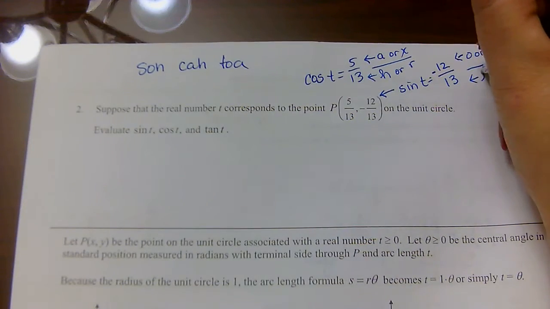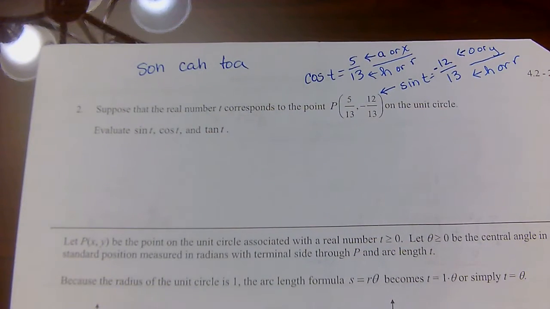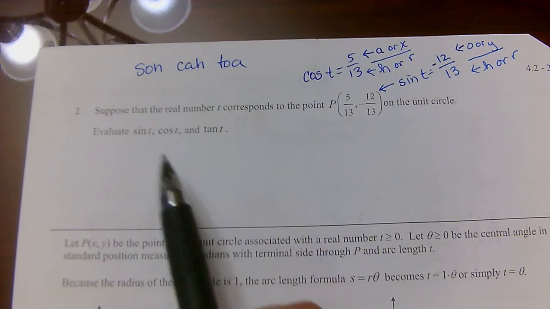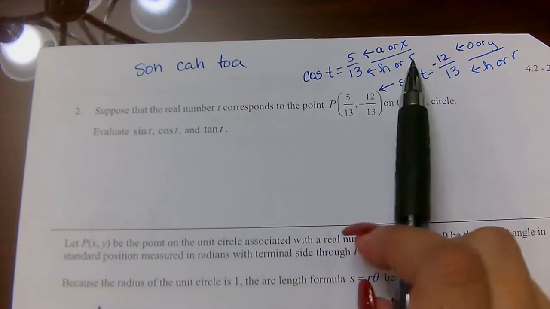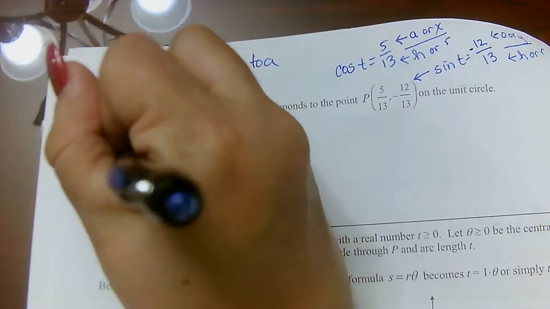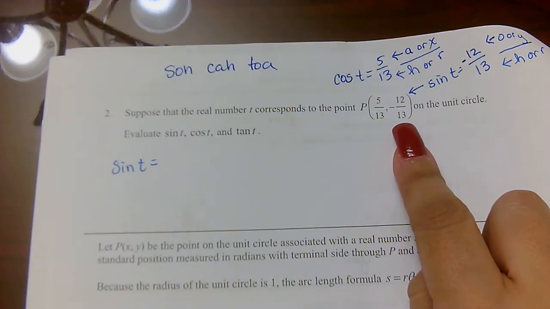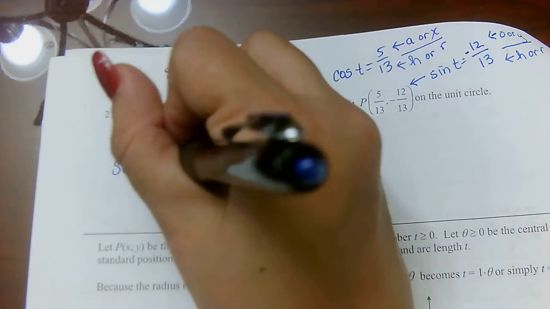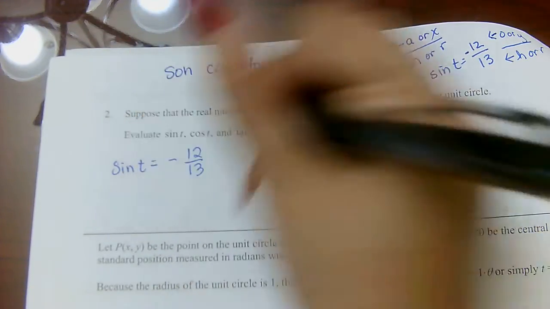The bottom is still going to be the h or the r. So if we're looking at sine, we can say, well, sine is already given. So the sine of t is going to be equal to the exact y ratio, which is negative 12 over 13.